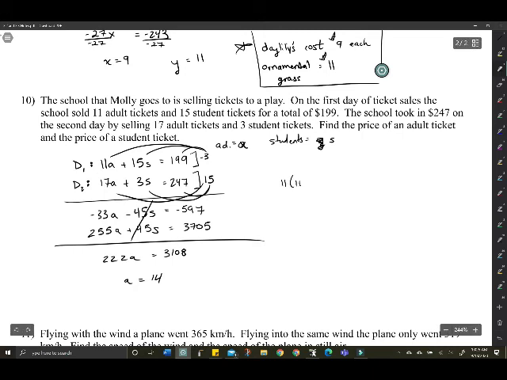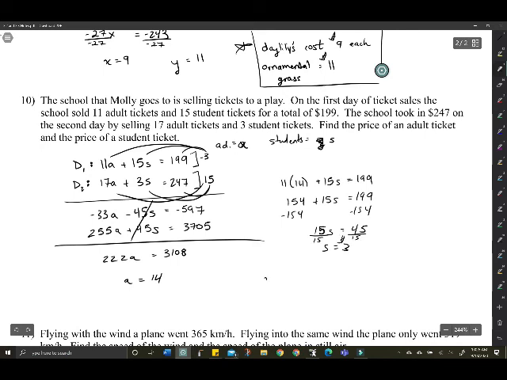That means 11 times 14 plus 15S is equal to 199. 154 plus 15S equals 199. And subtracting the 154, 15S is equal to 45, and students then would cost, divided by 15, $3.